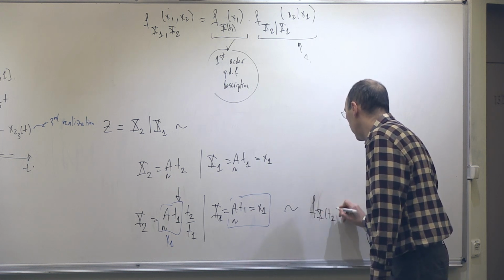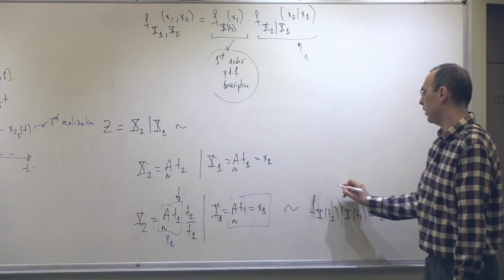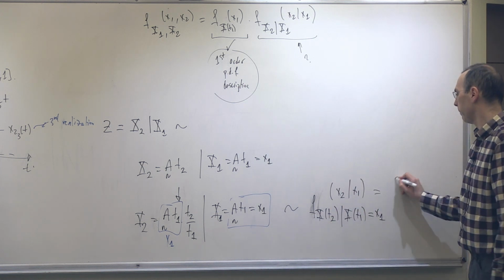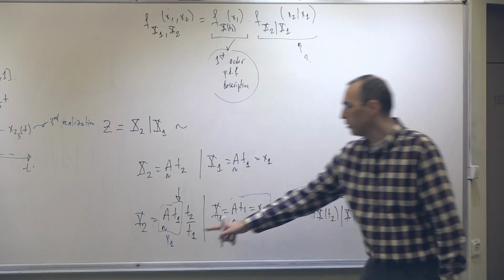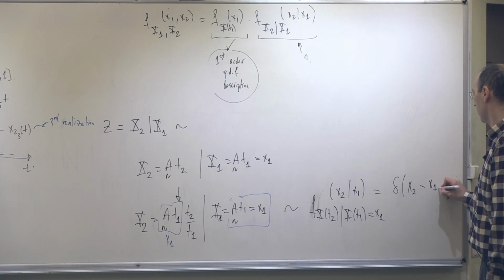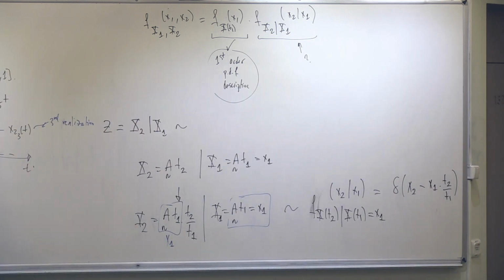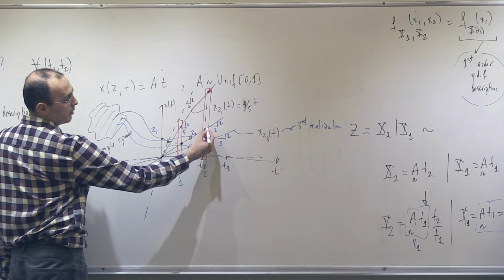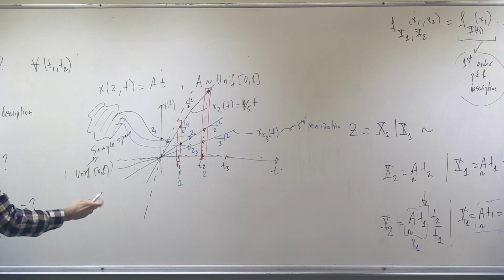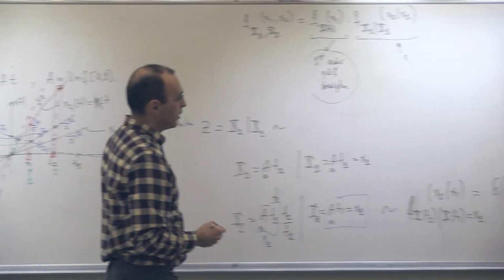This is x at t2 given your observation at t1 is equal to small x1. So this is x2 is this, x1 is this. So what is this one? This is a delta function because it can only take this value. Okay. So if you know that you are on this realization at a later time, because this is increasing linearly, you just multiply it by t2 over t1, okay, to get that other value. That is it. So is this clear?